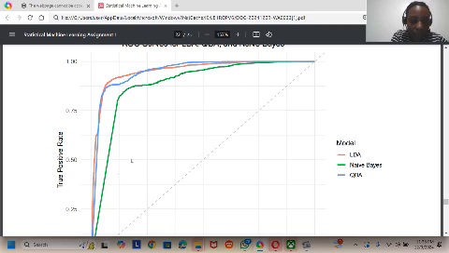Naive Bayes performs slightly worse as its curve is further from the top left corner, particularly at low false positive rates. In this graph, you can see that LDA and QDA tend to perform similarly, whereas naive Bayes assumes feature independence.